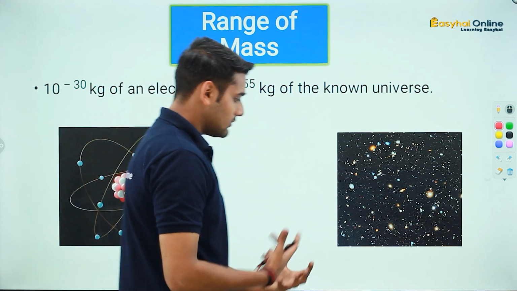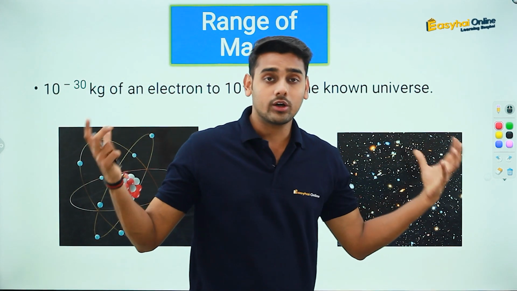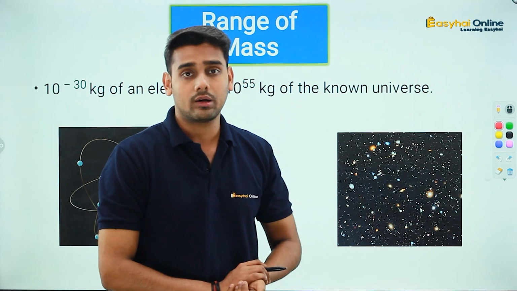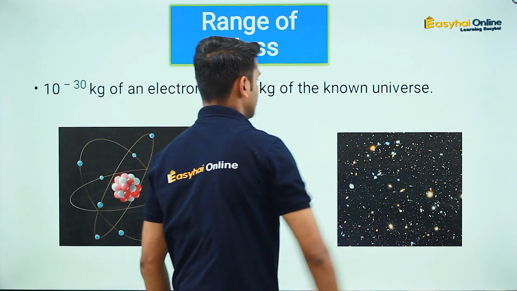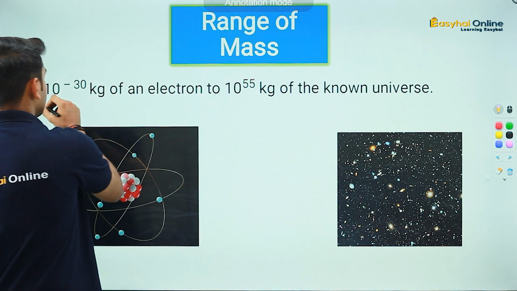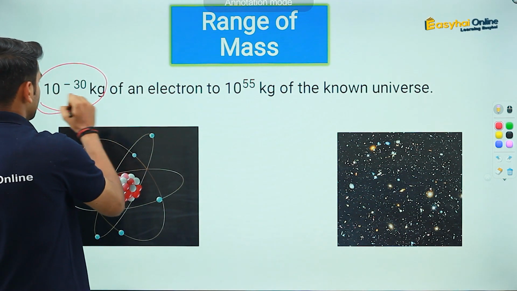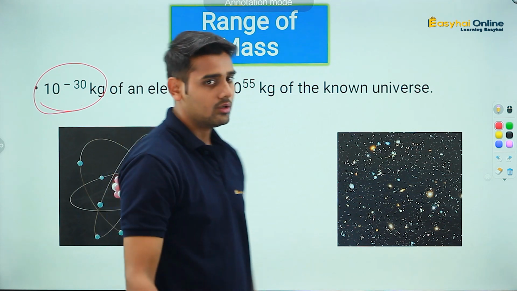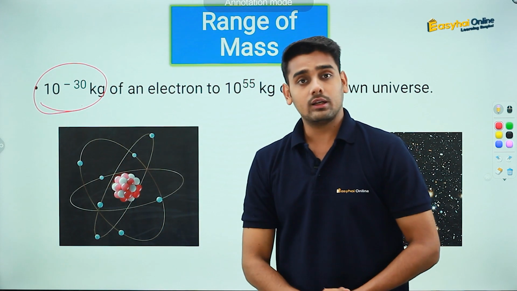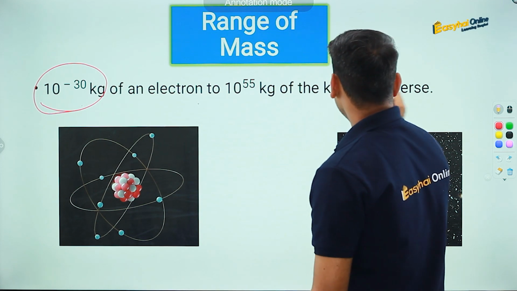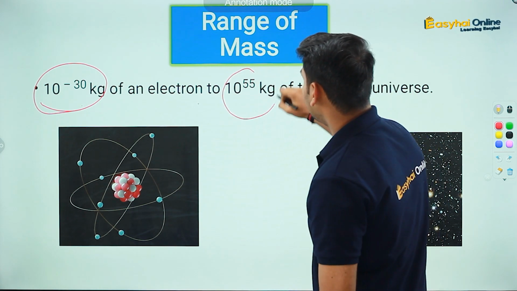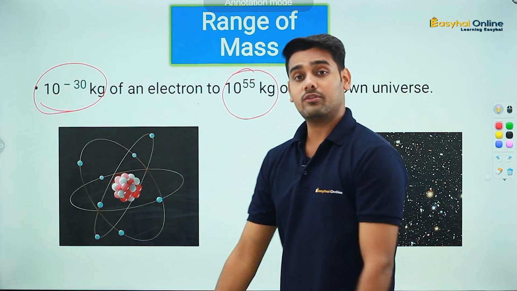Here, just to give you an overview of the range of masses that we come across in this universe. We can see that the mass of an electron is approximately 10 raised to the power minus 30 kg, very small. And the mass of the known universe is about 10 raised to the power 55 kg.